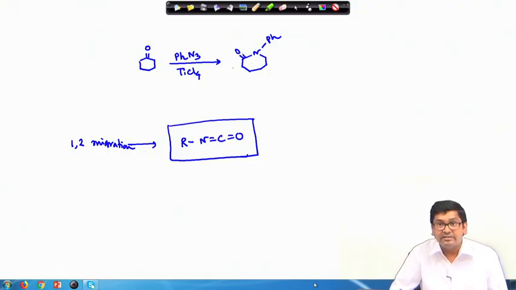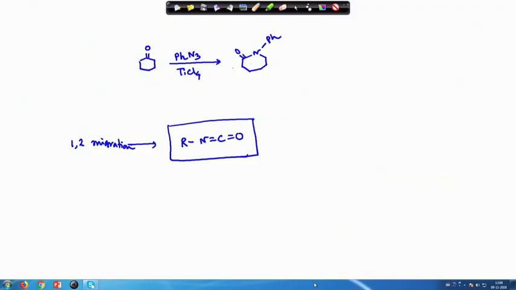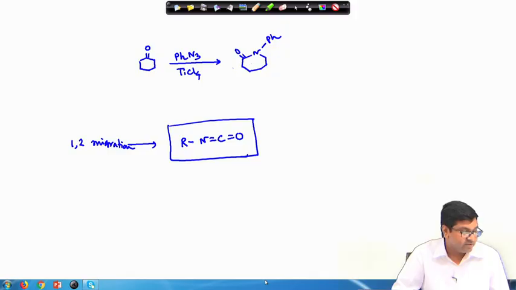The acyl azides are the starting material, and the leaving group is nitrogen. Similarly, in Schmidt reactions, the carboxylic acid or ketones in the presence of hydrazoic acid will generate the corresponding intermediate, which eventually will give this isocyanate, and then finally that will give this product.